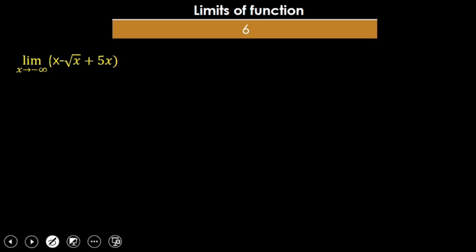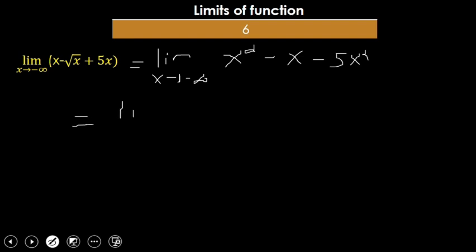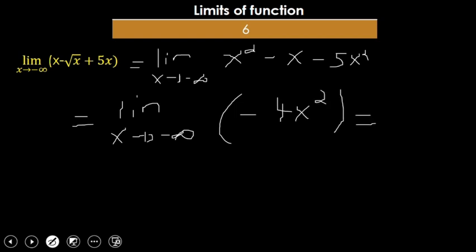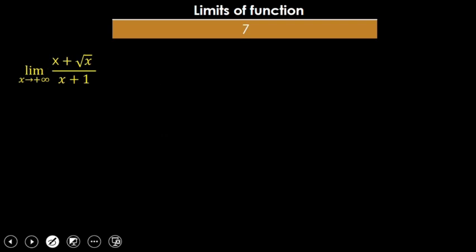That will be equal to the limit as x tends to minus infinity of x square minus x minus 5x square, that is equal to the limit as x tends to minus infinity of negative 4x square. This is equal to plus infinity. Then we move to question number 7.